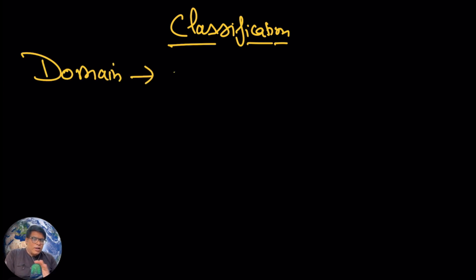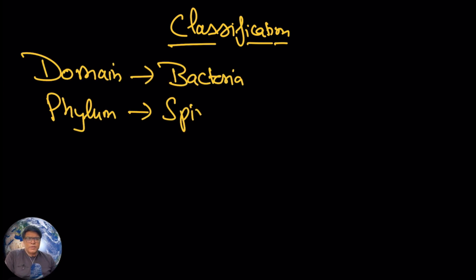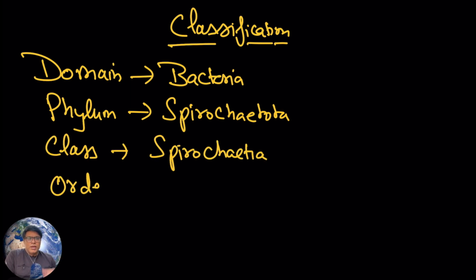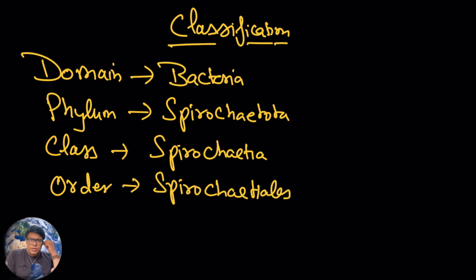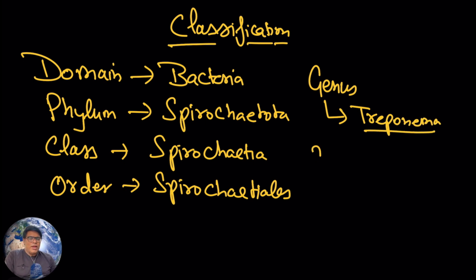Let us discuss the classification of this bacteria. If you see the classification of this bacteria, it belongs to the domain Bacteria, phylum Spirochaetota, class Spirochaetia, order Spirochaeales, genus Treponema, and the species is pallidum.